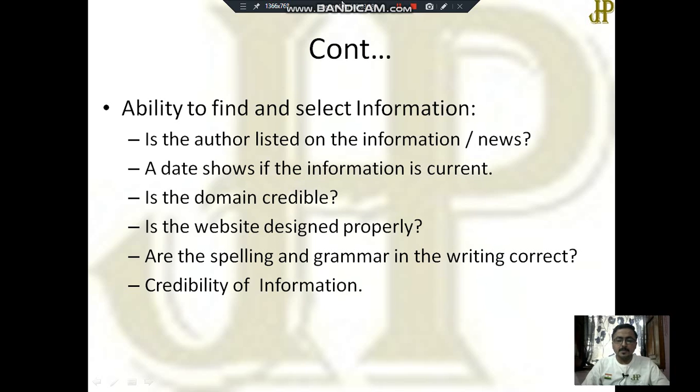Whether the information is given, that domain is credible. Is the website designed properly? Are the spelling and grammar in the writing correct? Okay? If you have this type of information, then I think digital literacy is for you.